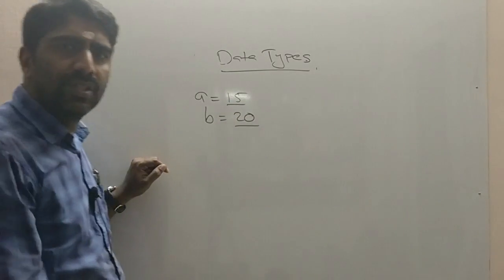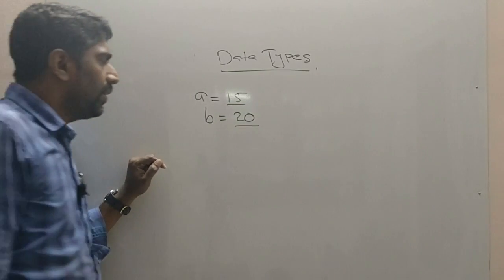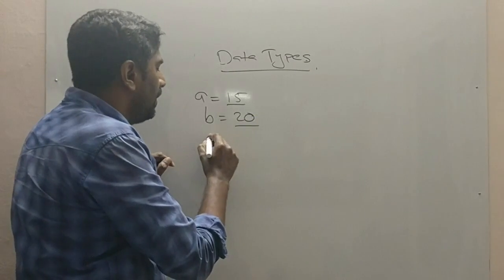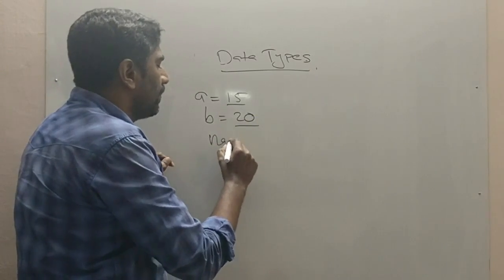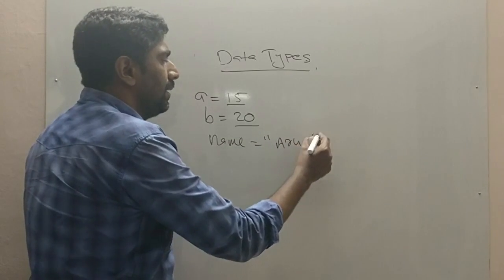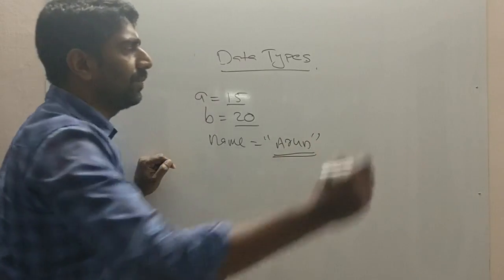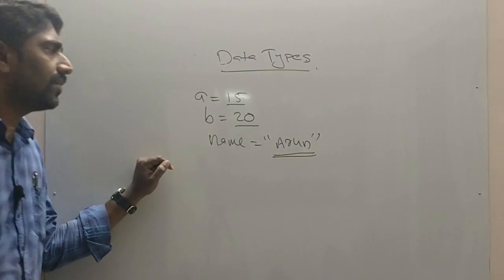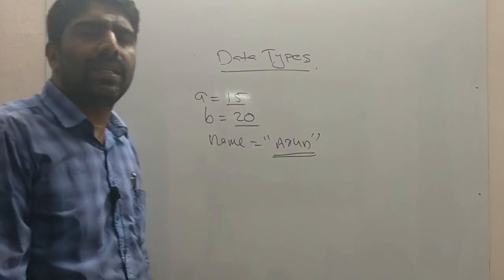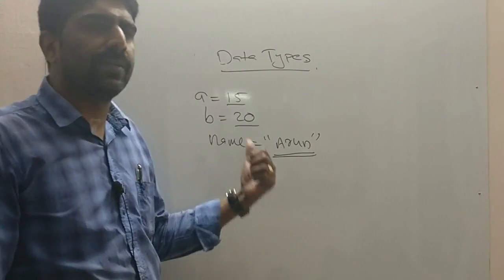Another example: name is equal to Arun. The type of this data is string. Like this, we use different data types in Python.